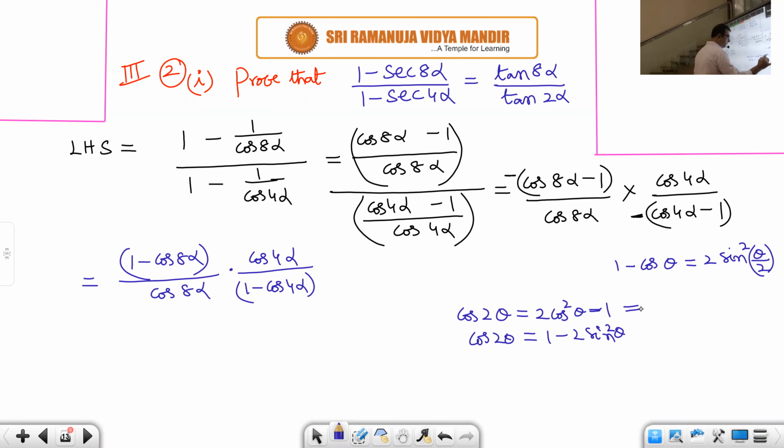So this implies 2 cos² θ is equal to 1 + cos 2θ. And this implies 2 sin² θ is equal to 1 − cos 2θ. So left hand side 2θ, right hand side θ. Okay, right.